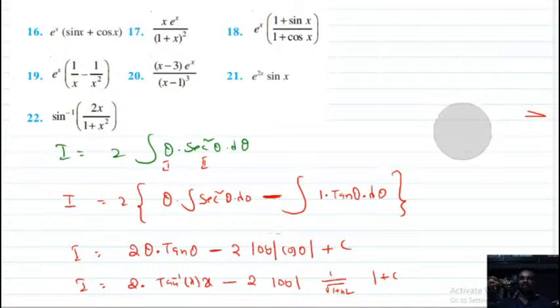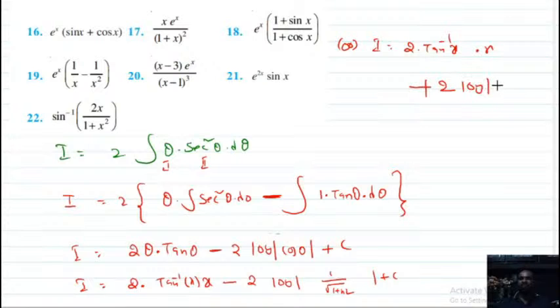So I will write that here: I is equal to 2 into tan inverse of x into x, minus plus 2 into logarithm of mod of root over x square plus 1. More generally, you can write log of x square plus 1 also, that is not a big problem.